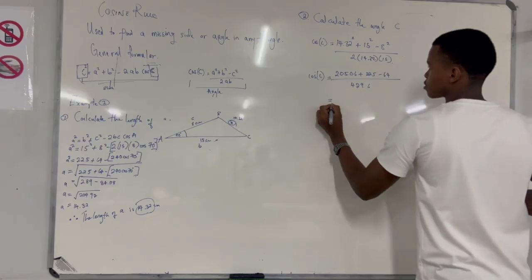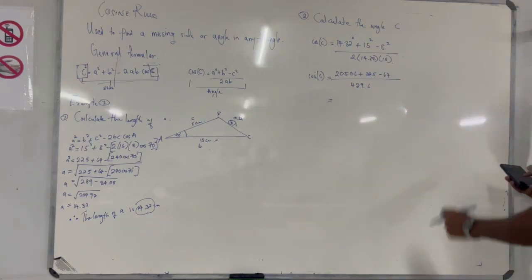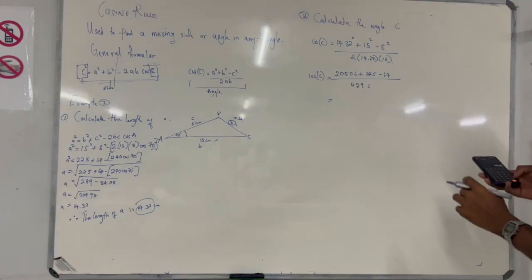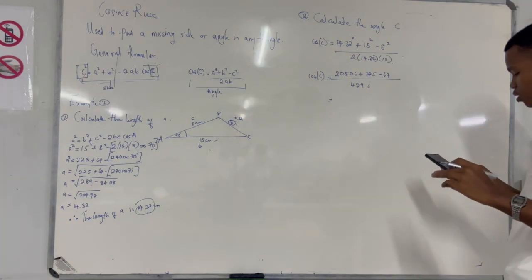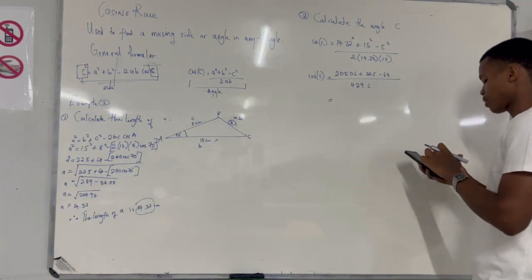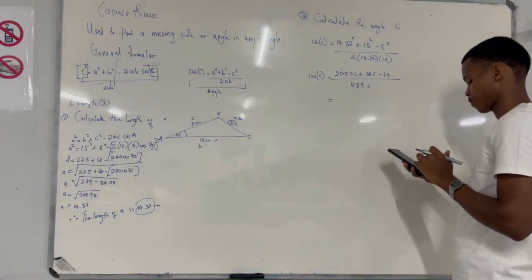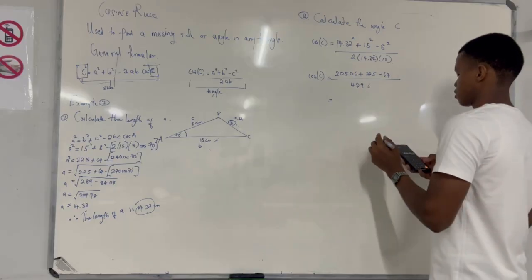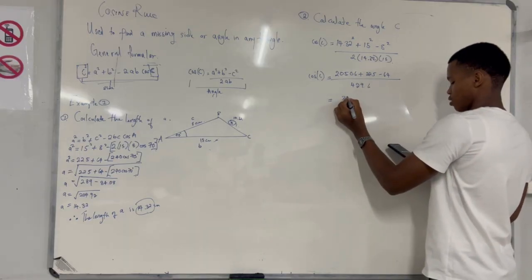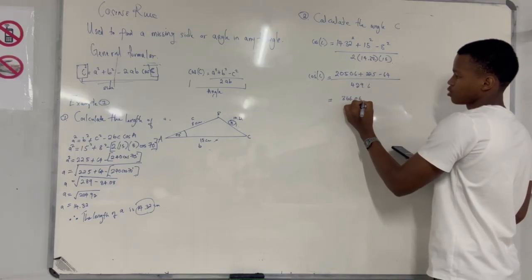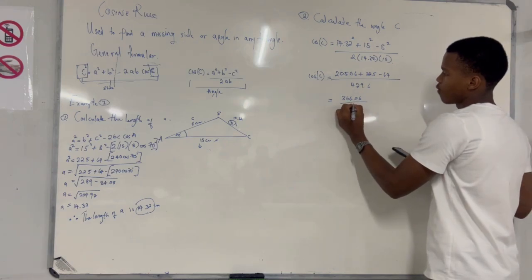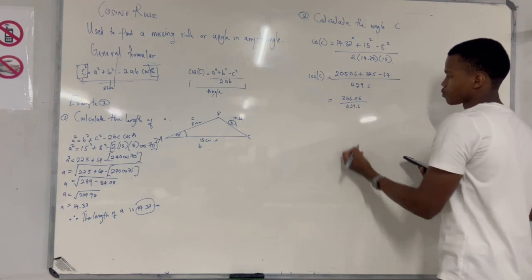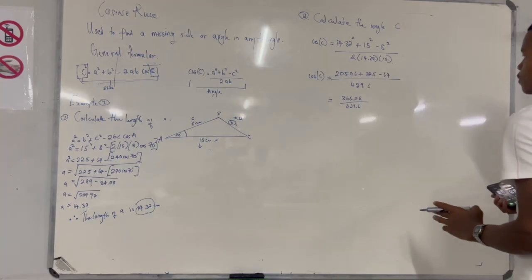So let's calculate the top part. 205.06 plus 225 minus 64 is 366.06, all over 429.6.